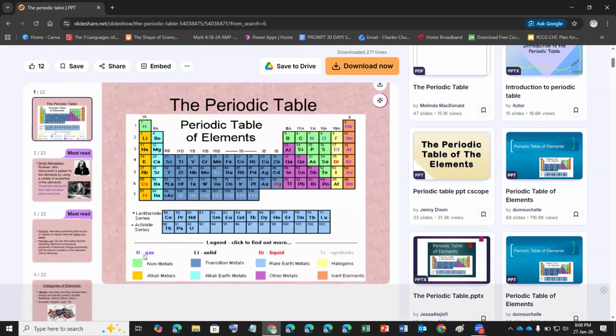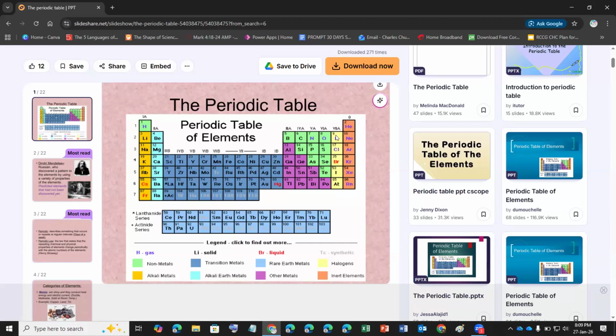Okay, and of course, the ones that are called non-metals, right? Those ones in green: boron, carbon, nitrogen, oxygen, silicon, phosphorus, sulfur, and the rest.